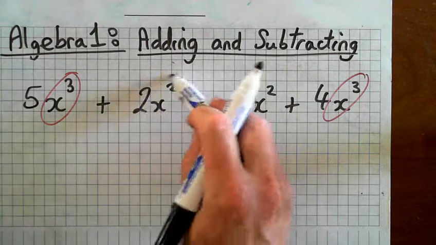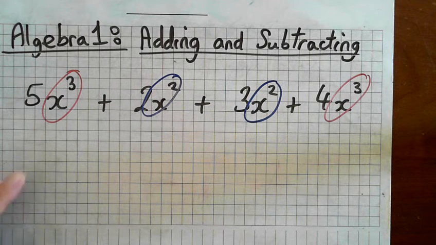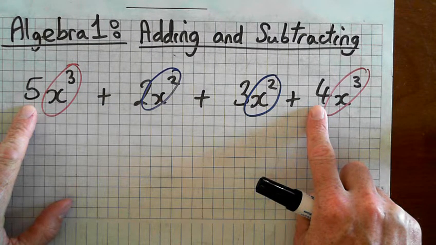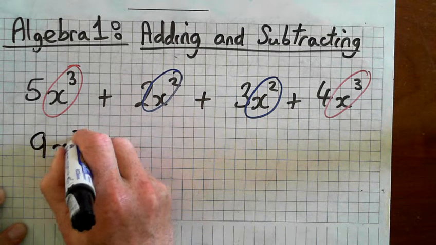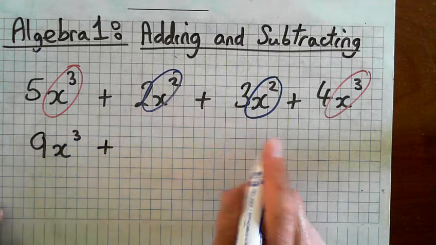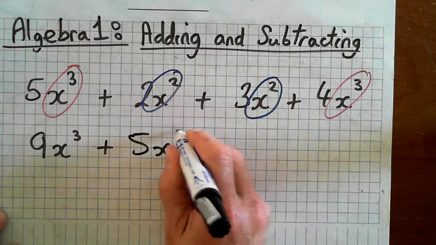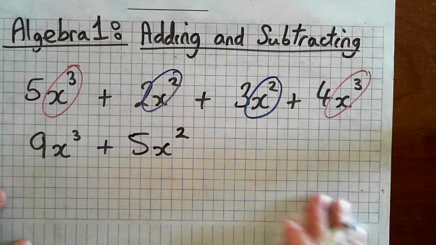And the x squareds, they're the same type. So we're going to add the 5 and the 4. 9x3 plus 5x2. Alright, is that easy?